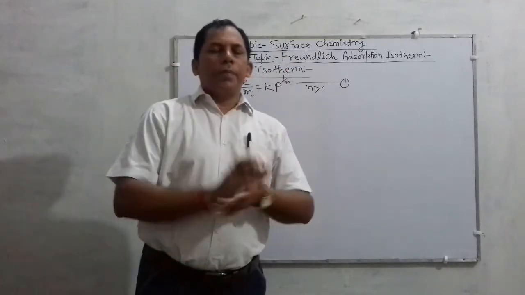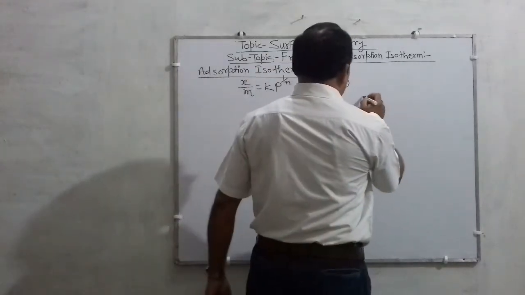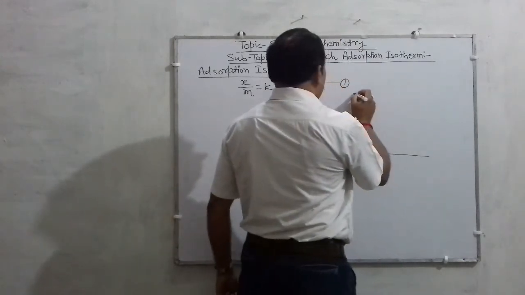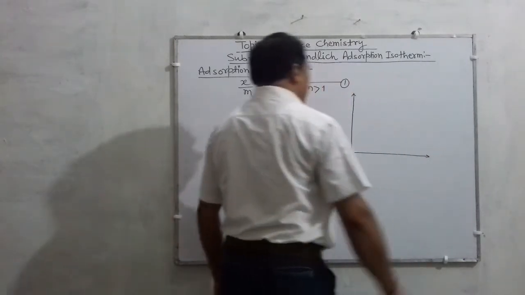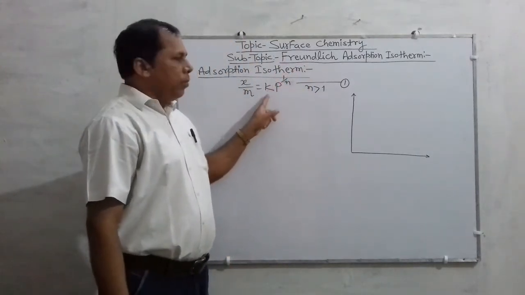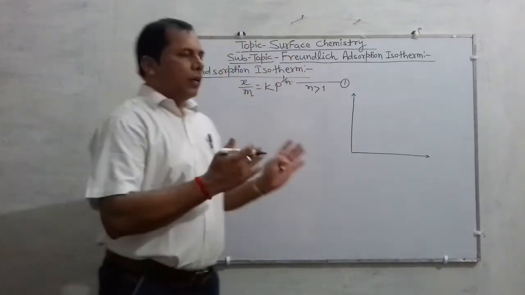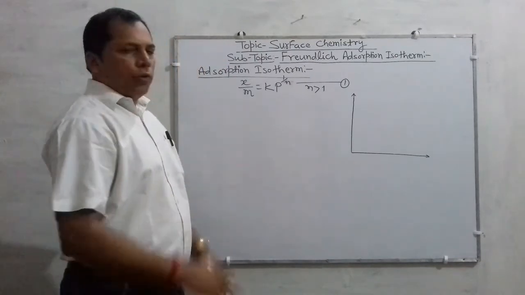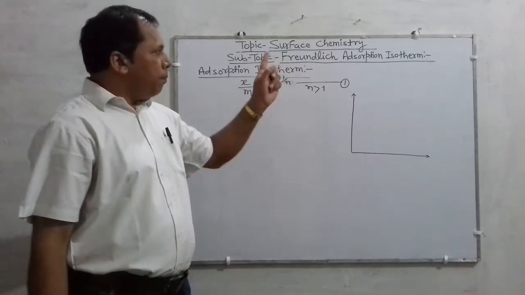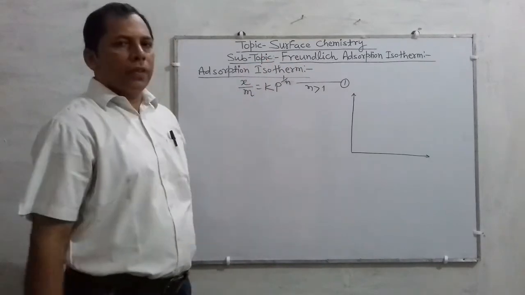Then a curve is obtained, and that can be represented as follows. Children, be sincere. These are very important points. You have to define them, you have to represent them, and you have to plot also. I am providing these in a simple manner so that you have no difficulty in expressing such important points mentioned in your chapter surface chemistry.